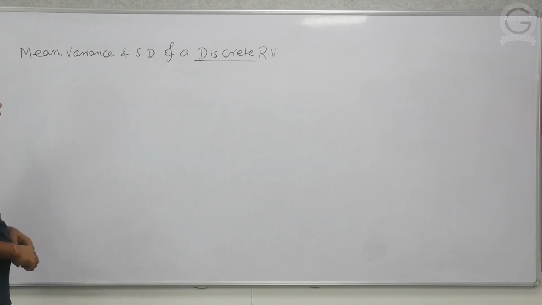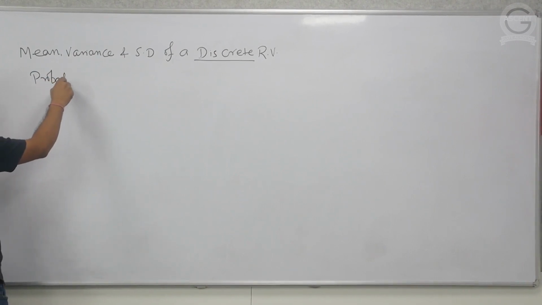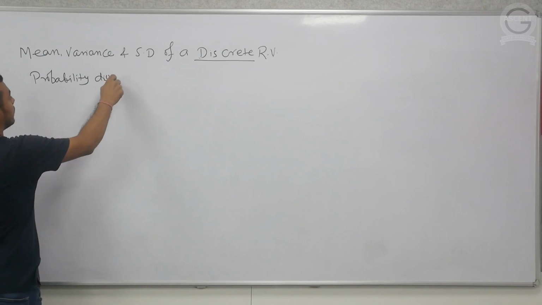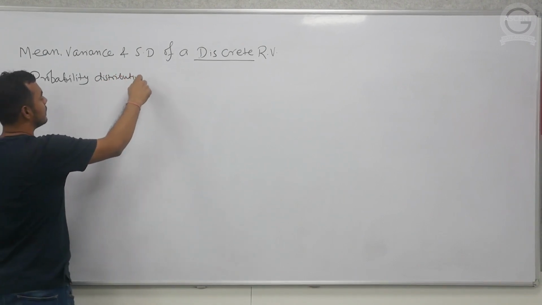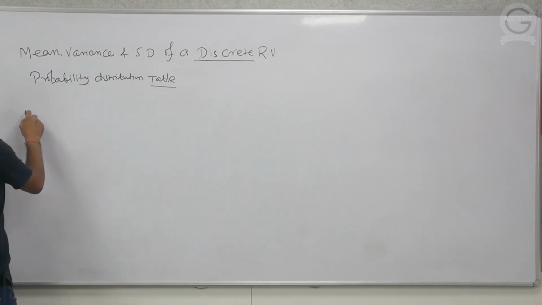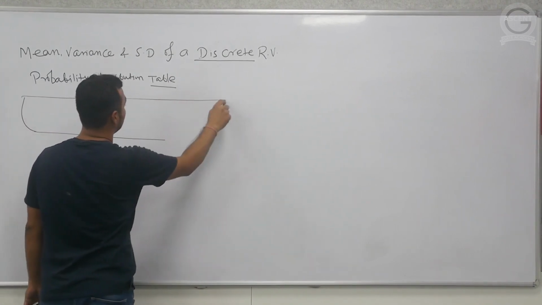for a continuous random variable. So in case of a discrete random variable, the first step to calculate mean, variance and standard deviation is to draw the probability distribution table. We have seen how to draw it. We have to create this table which will have 2 rows.